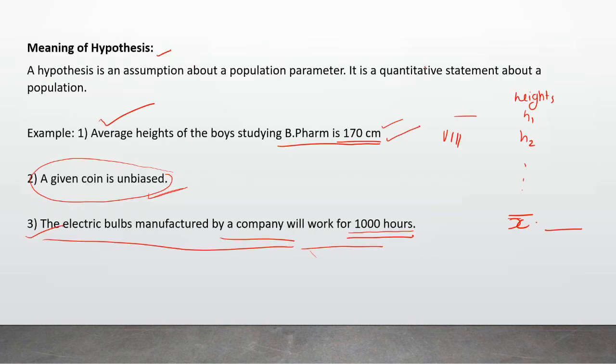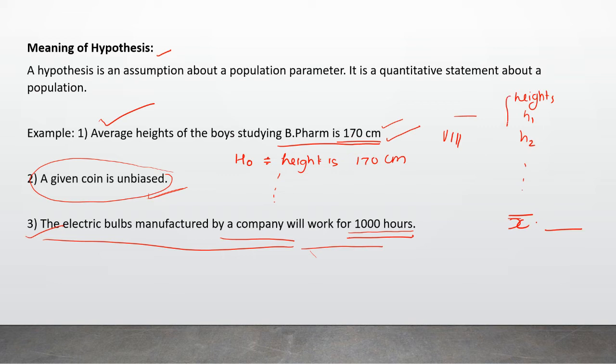For example, in this case, the average height of the boys studying in B Pharm is 170 centimeter. I will set up H naught as the average height is 170 centimeter, and I will proceed assuming that the average height of all the boys is 170 centimeter.